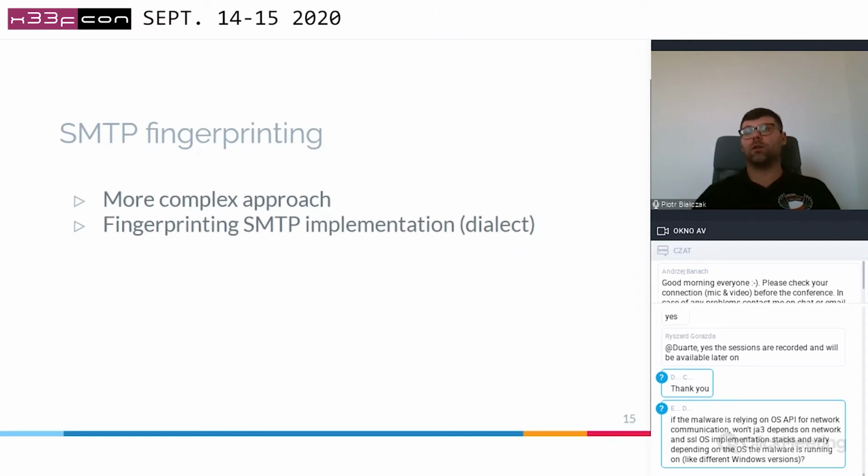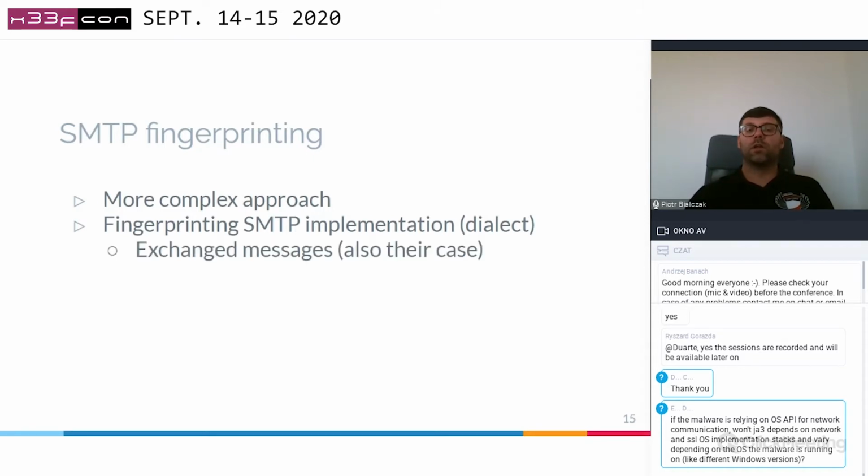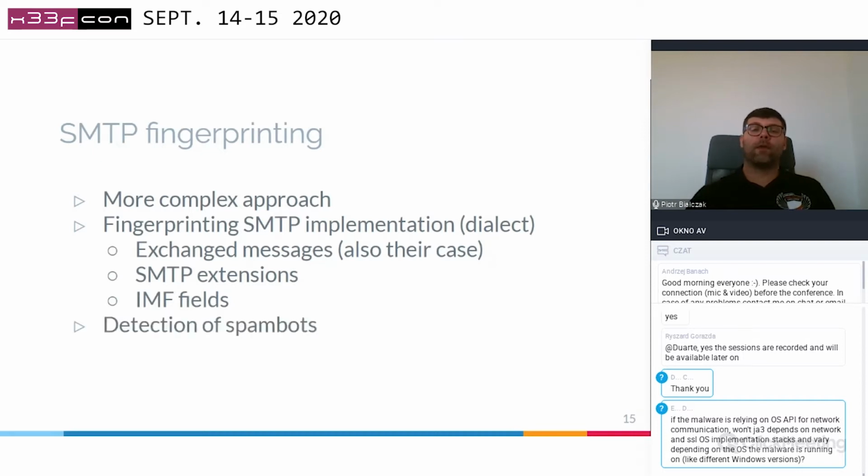This method is called SMTP dialects because it checks the implementation of SMTP, how the client talks with the server. It looks at which messages are exchanged, their case, also checks the SMTP extensions, IMF fields, all these things. It can be used to detect spam bots.